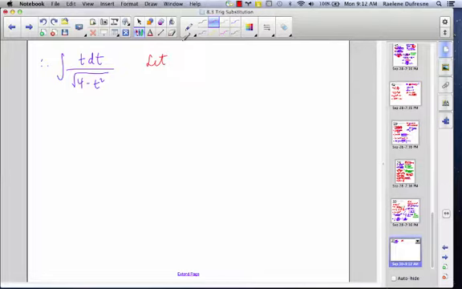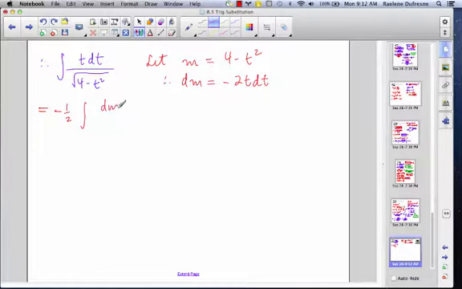We haven't used m. Let m equal 4 minus t squared. Therefore, dm is equal to negative 2t dt. And so this integral turns into negative 1/2 times the integral of dm over the square root of m.